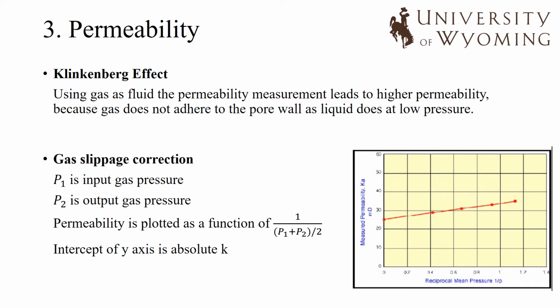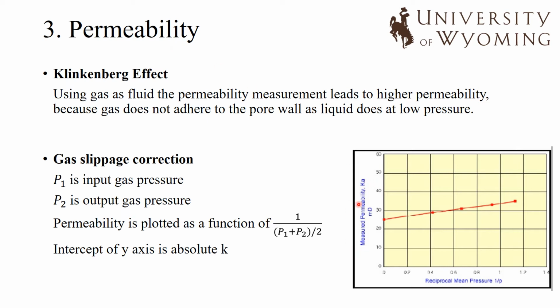As we know, for liquids, the layer of the liquid adjacent to the pore wall would probably be stationary, but for gas that's not true. At low pressures, the gases will not adhere to the walls of the pores and are actually going to slip. Therefore, this effect will cause an increase or overestimation of the permeability value.